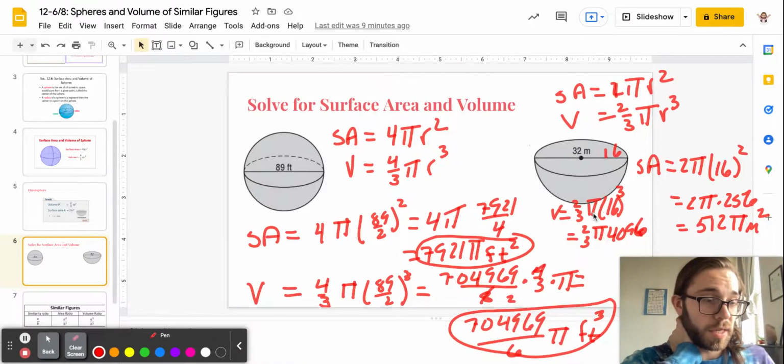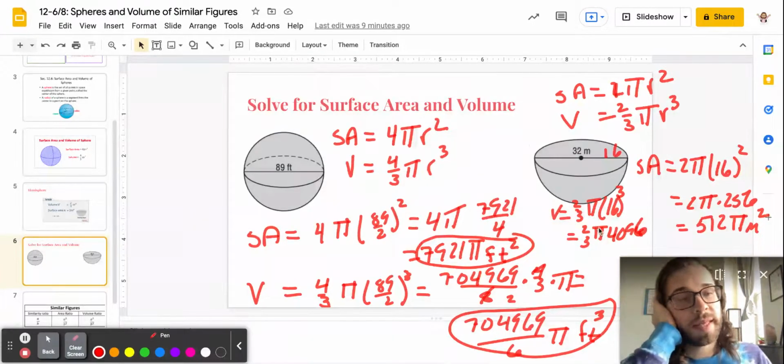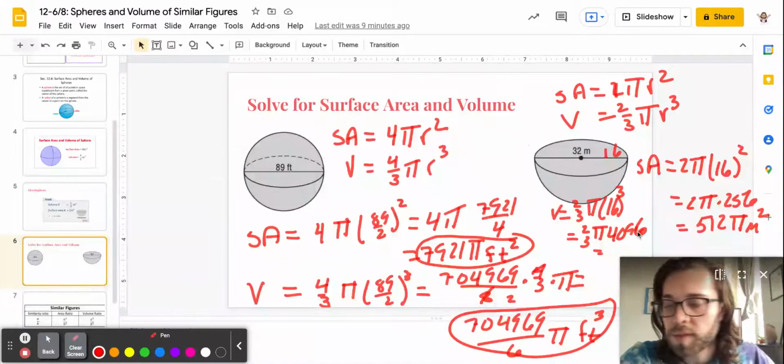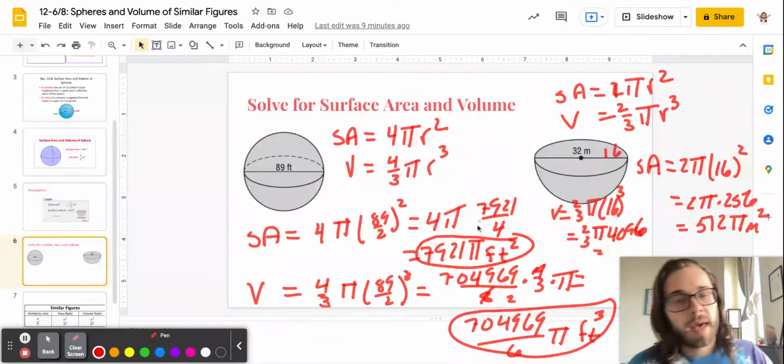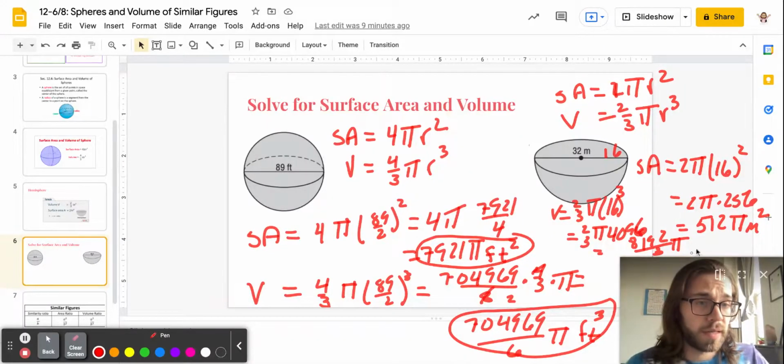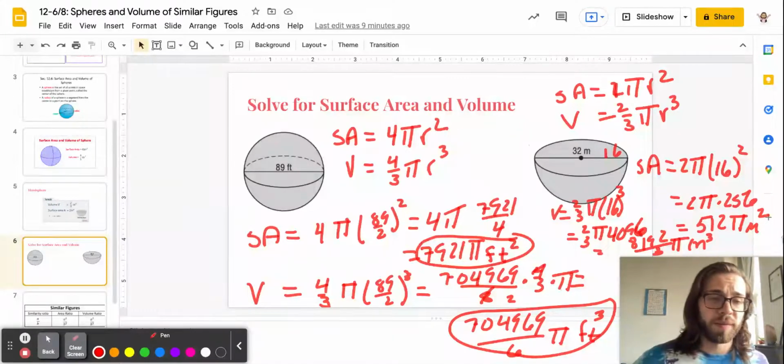When you're dealing with 16 and powers of it, you really only have 2's if you were to factor it out, so the 3 is never going to cancel. So when you multiply that by 2, we have 8,192 over 3 times pi. That doesn't simplify, so we're going to leave that as is, with meters cubed. Sorry, I ran out of room there.